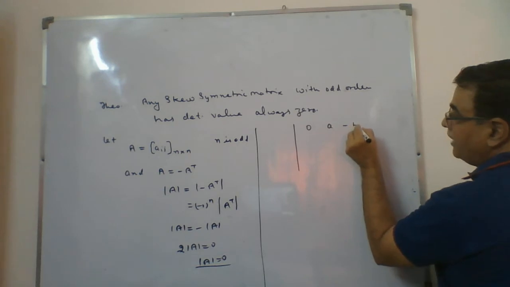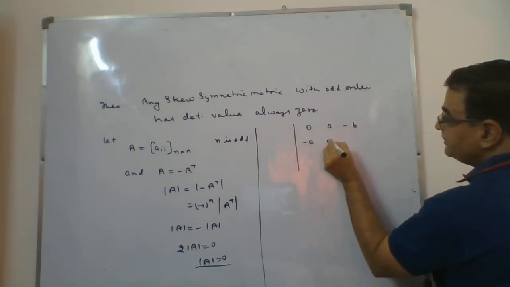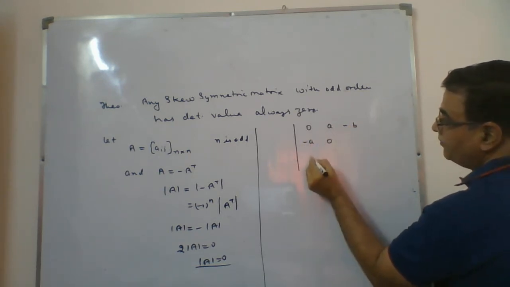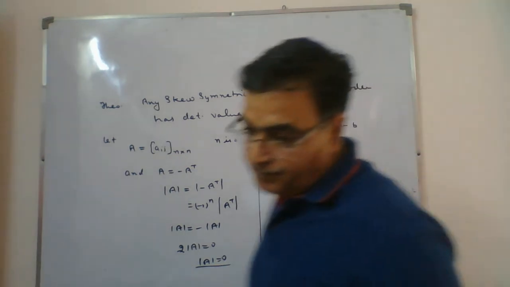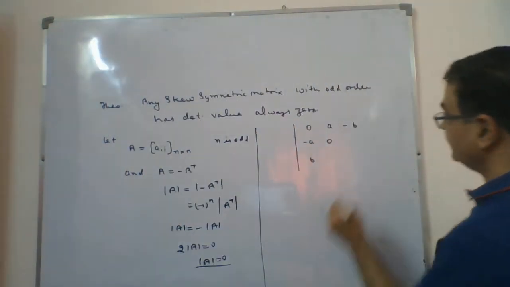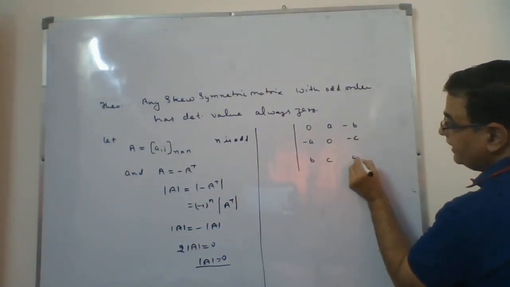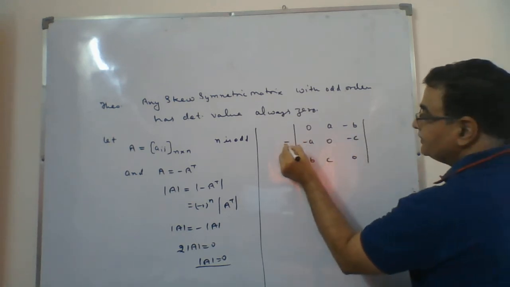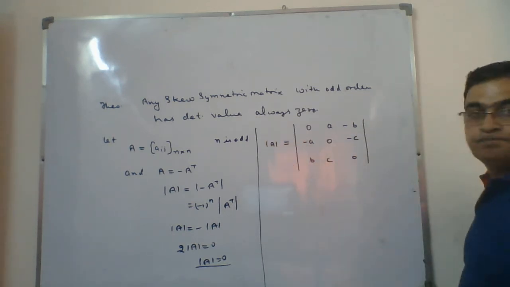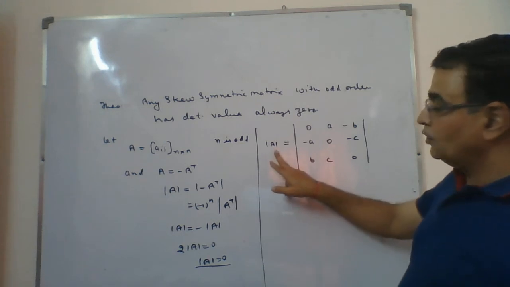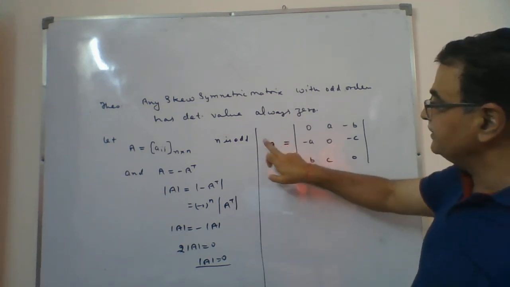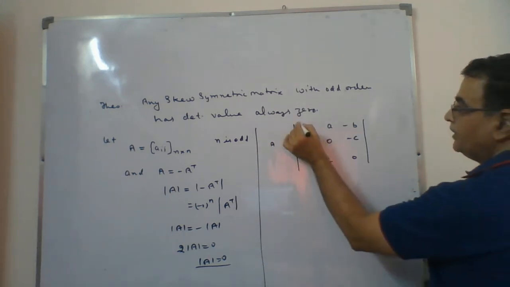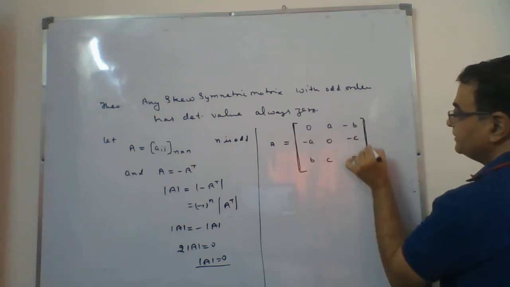0, A, minus B, minus A, 0, and this comes out to be B. Then this element is minus C, C and 0. This is one determinant A. Or you can say this is one matrix first. You can take this as a matrix.